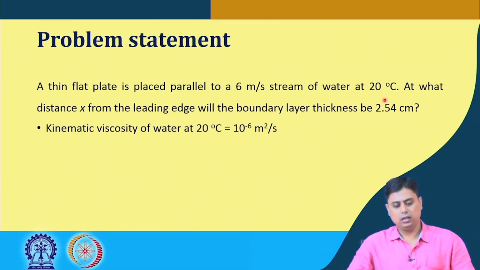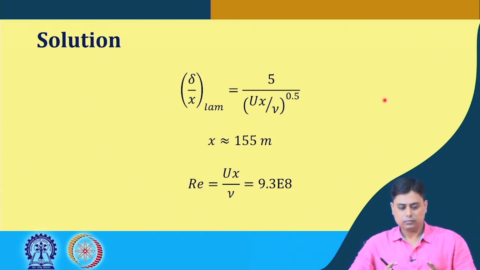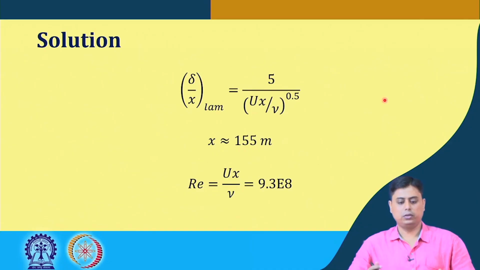For example, here we at first take that this is a laminar flow condition. Okay. Now, for laminar flow condition, delta by x is equal to 5 by Reynolds number to the power half. This is the correlation. Okay. If we put these values in here, delta is 2.54 centimeter, which is 2.54 divided by 100 meter. x is unknown, okay.